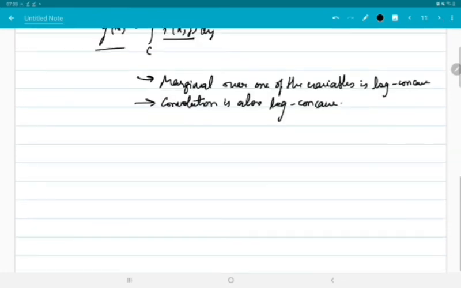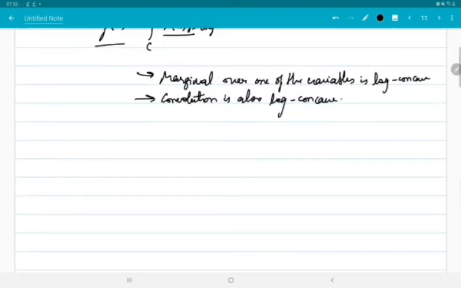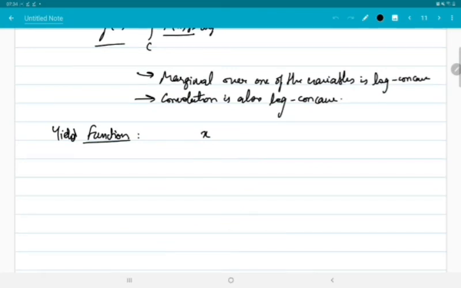There is one more example called the yield function. It says that there is a nominal parameter x, and there is some random perturbation w to this nominal value, such that w is a random variable with a distribution which is log concave.